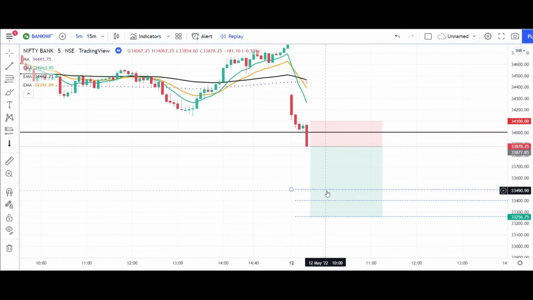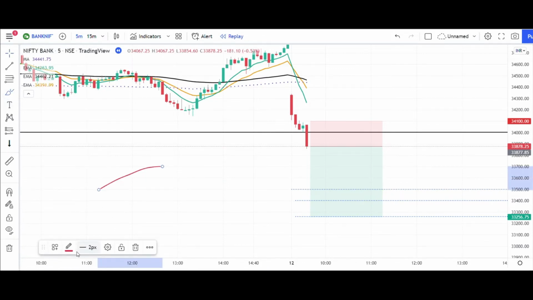So if your price is reaching here, how can you trail your stop loss? If the 200 moving average is now getting above this, in such a scenario you will trail the stop loss in such a way that your candle should close above the 20 exponential moving average.